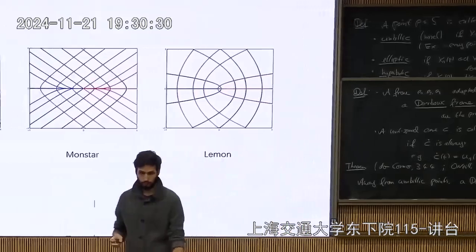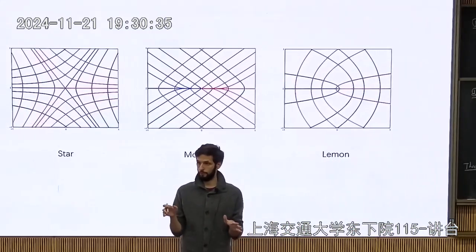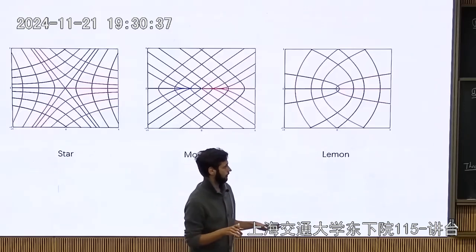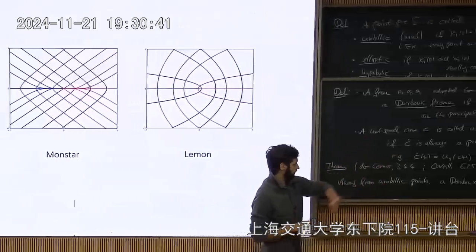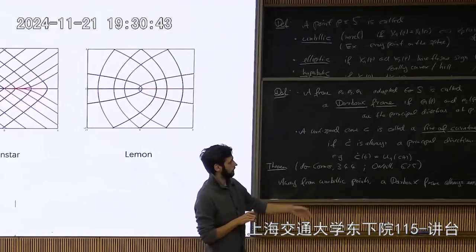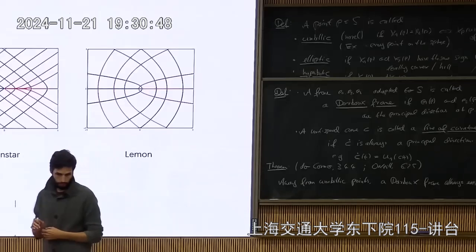So locally, if you're not around an umbilic point, then you always find a nice frame, where E1 is always one principal direction, and then E2 is the other principal direction over the whole patch.